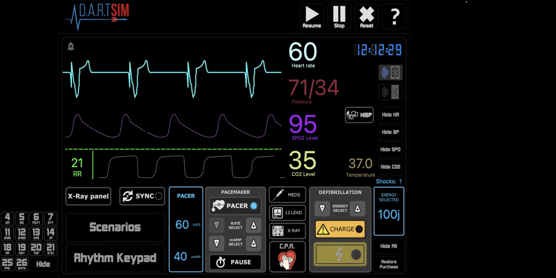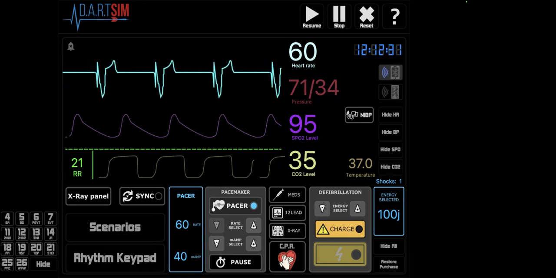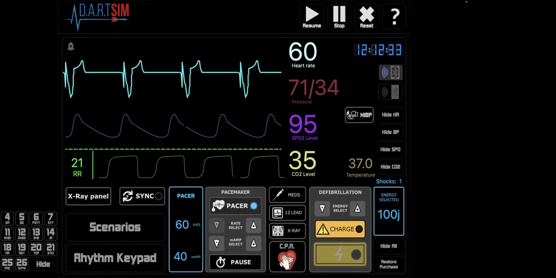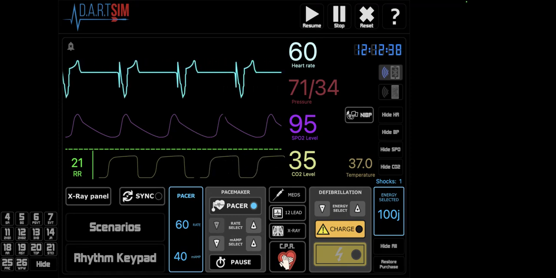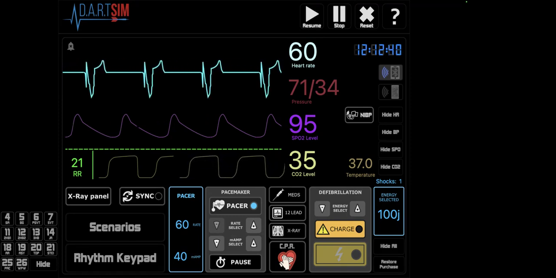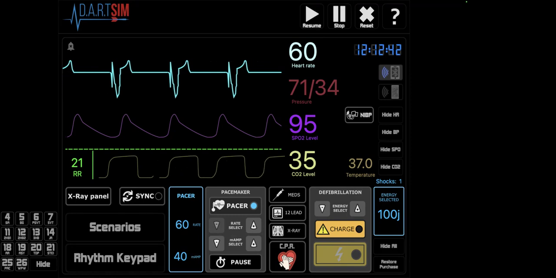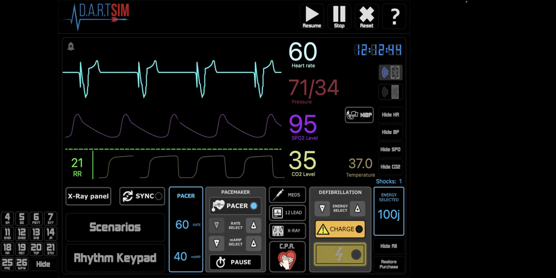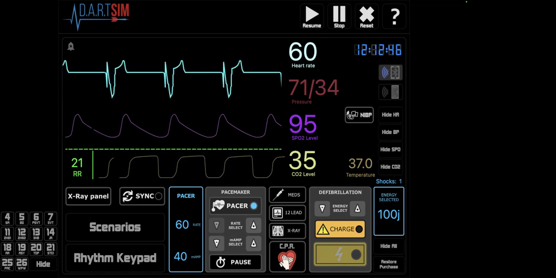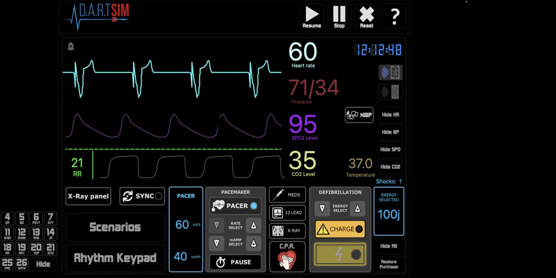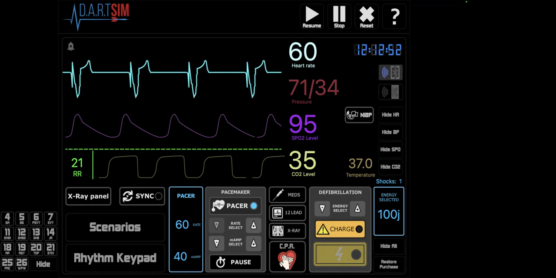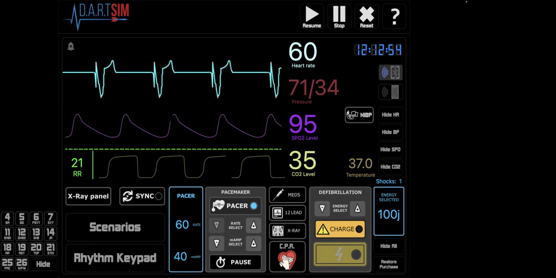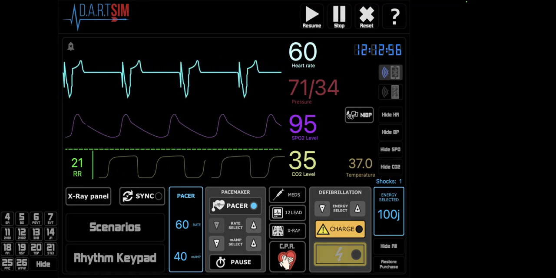This patient is not receiving that because he is what's called VVI pacing. The first V stands for the chamber that is being paced, that's ventricle. The second V stands for what chamber is being sensed. The only thing that this pacemaker is sensing is it's looking for intrinsic QRSs.